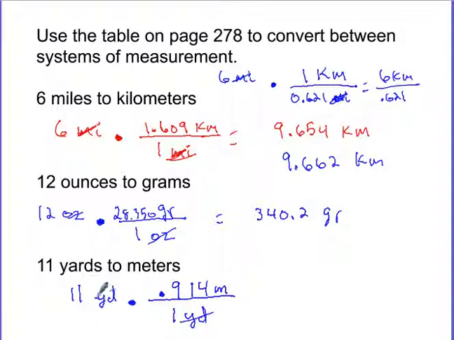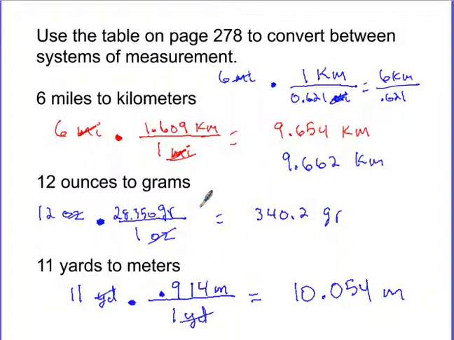So yards cancel. 11 times 0.914 is 10.054. So 11 yards equals 10.054 meters. These are easier.